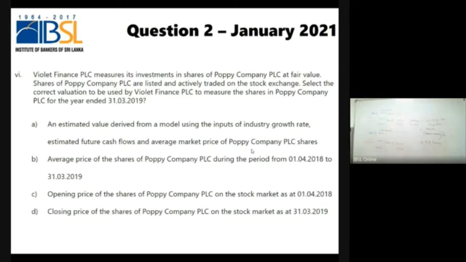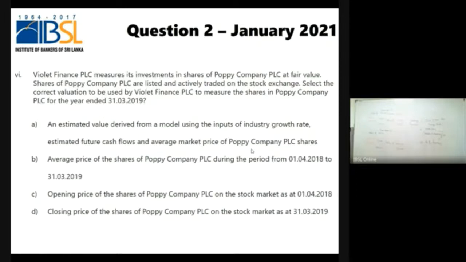Fair value through P&L, fair value through OCI, and amortized cost. Have you forgotten? Fair value through profit or loss, fair value through other comprehensive income, and amortized cost.